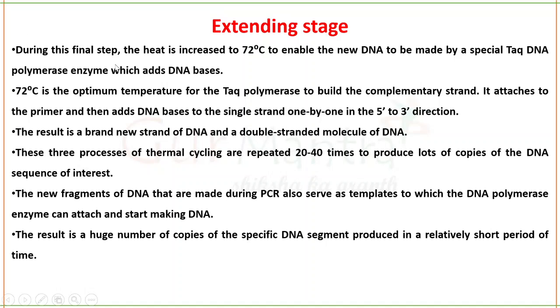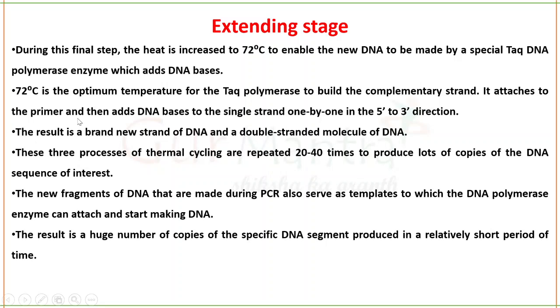During this final step, you increase the temperature again to 72 degrees Celsius for new DNA formation, where the Taq polymerase enzyme will be adding new bases to the new strand of DNA, reading the template DNA. 72 degrees Celsius is the optimum temperature for the Taq polymerase to be completely active.